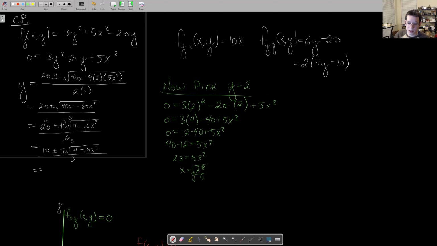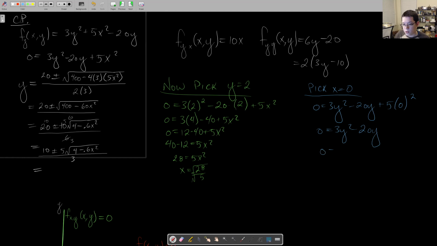Now we'll pick x equal to 0. Then we'll have 0 equals 3y squared minus 20y plus 5 times 0 squared. 0 equals 3y squared minus 20y plus 0.